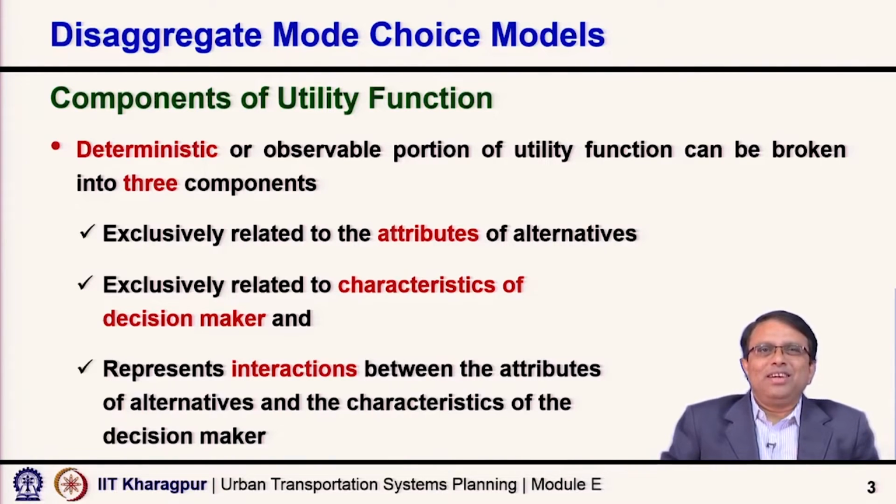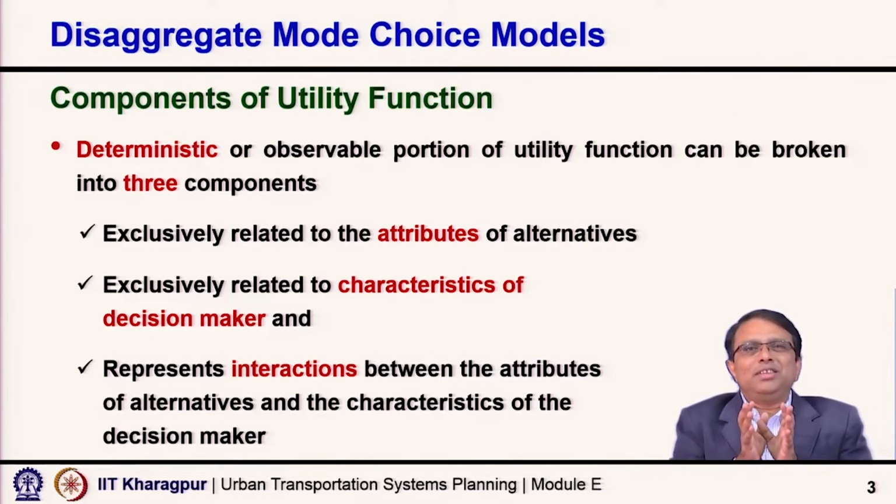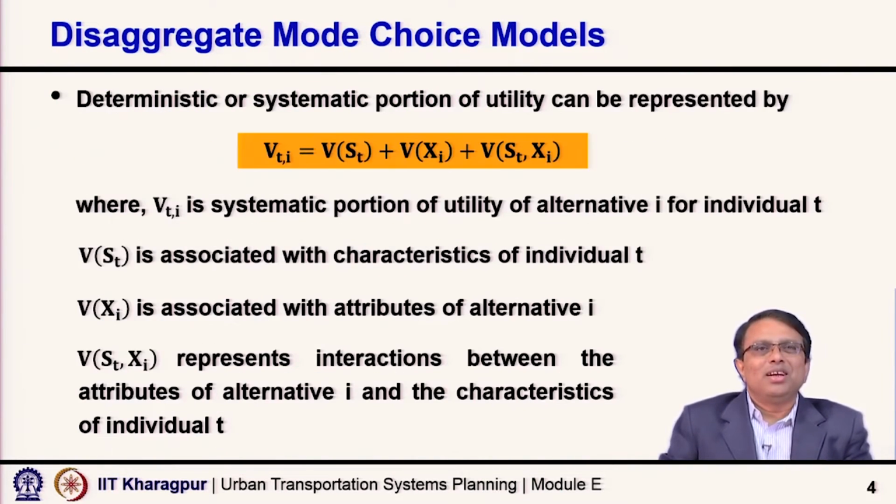So, we say part A related to attributes of alternatives, part B related to the characteristics of the decision maker, and part C it is A and B together, they are interacting somehow. How? Further explanations will be given to you.